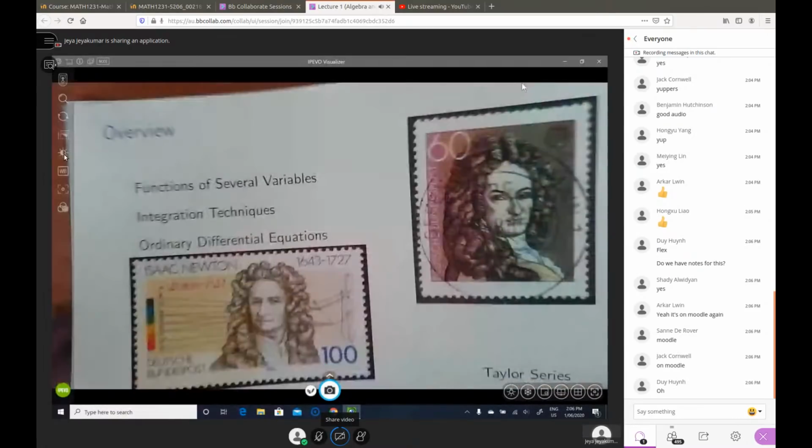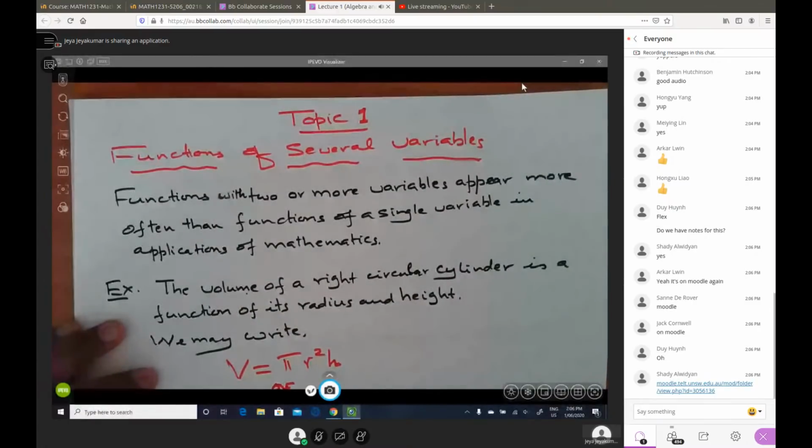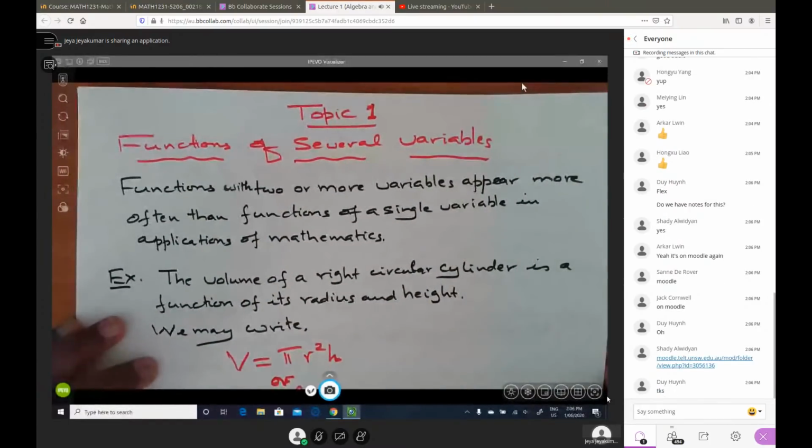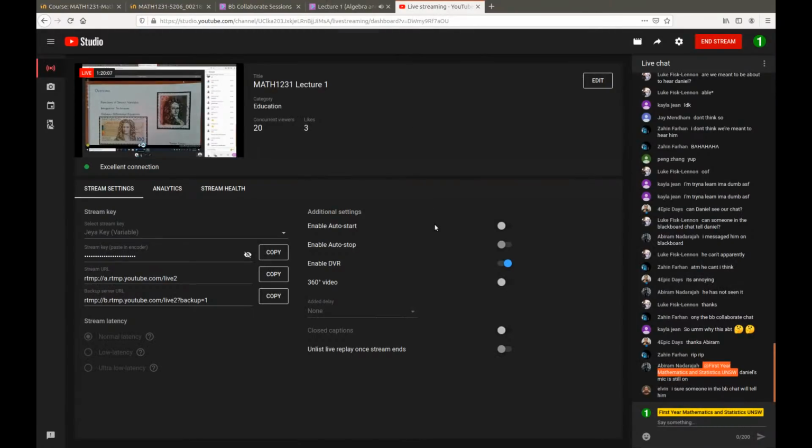So the first topic is on functions of several variables. The functions of several variables appear more often than functions of a single variable in applications of mathematics. For example, the volume of a right circular cylinder is a function of its radius and height.